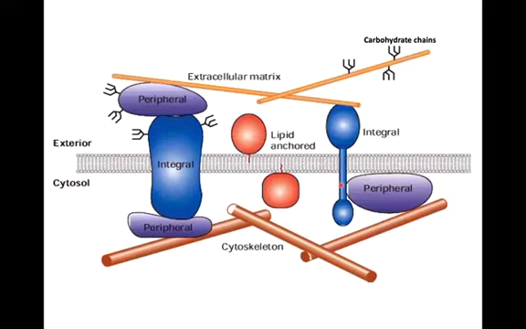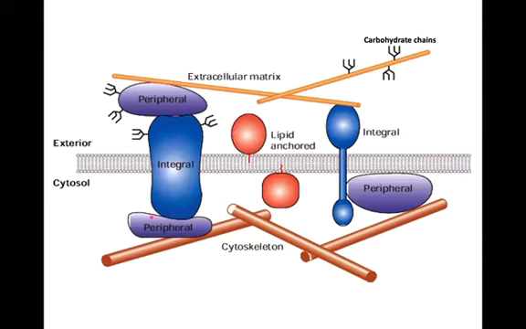In this other simplified figure, we can see the different types of protein and as well the phospholipid bilayer. You can see the phospholipid bilayer separating the exterior from the interior, and you can see how the different types of protein are differentiated. You can see the integral, transmembrane protein. You can see outer peripheral, inner peripheral. You can see the lipid anchored protein either from outside or from inside, and they are connected to a special phospholipid molecule.